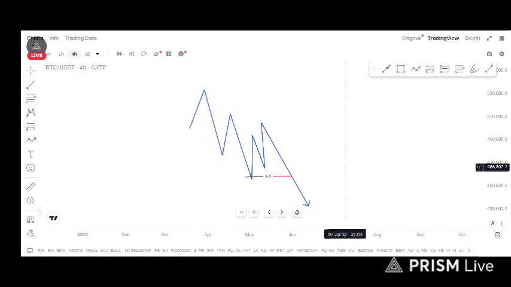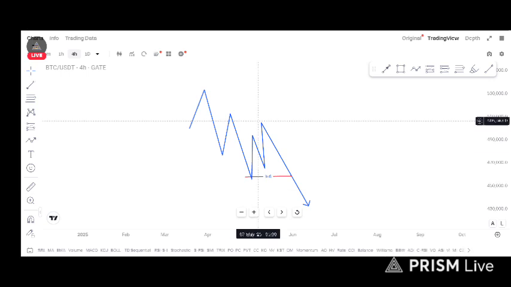You want to see the highest point the market went to before breaking structure. The highest point the market went to before breaking structure. If you look at this clearly, this is not the highest point. Here is not the highest point. This was the highest point it went to before breaking structure.